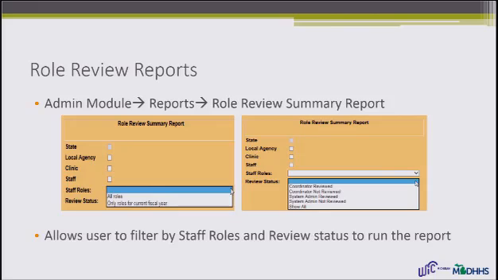The report can be run by local agency, clinic, and by selecting an individual staff member, or for staff roles that have been reviewed for the current fiscal year. The choices for the review status are: if they have been reviewed, if the roles have been reviewed by the coordinator, or if they have been reviewed by the system admin, and show all.